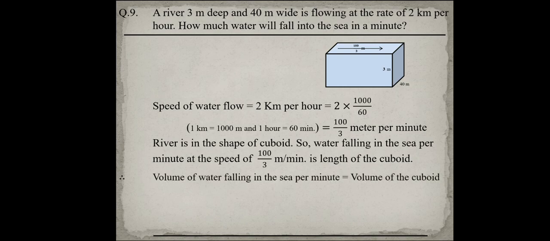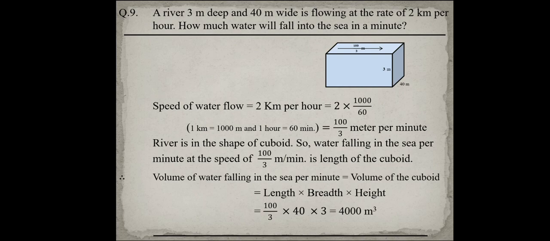Volume of water falling into the sea per minute is equal to the volume of this cuboid, equal to length into breadth into height. Length is the speed of water, 100 upon 3 meter, breadth is 40 meter and height is 3 meter.